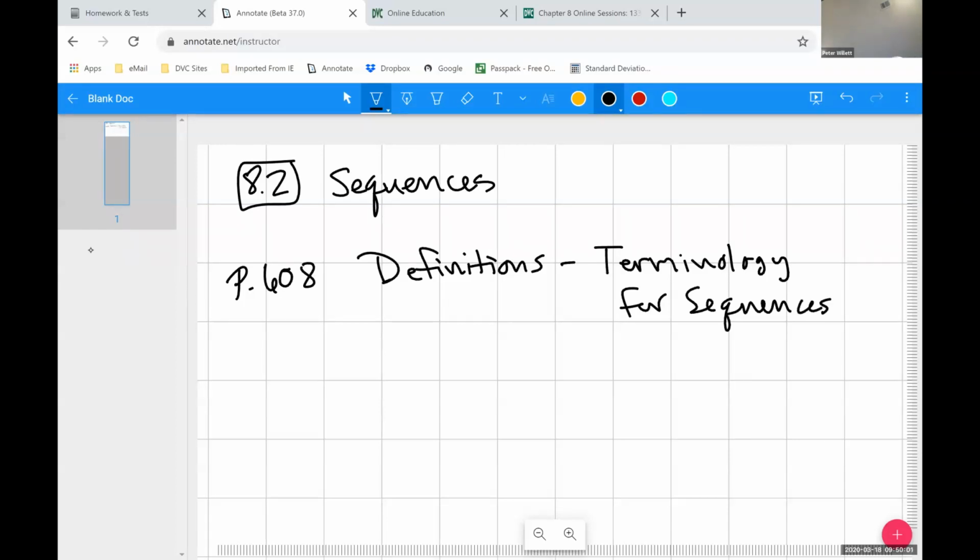So again, what is a sequence? Since we were just introducing this last session, a sequence is a list of numbers. And so we're typically going to use the notation with a big set brace notation and an a sub n to represent a sequence. If we have a sequence of a sub n's, the first word we're going to look at is the idea that this sequence is increasing.